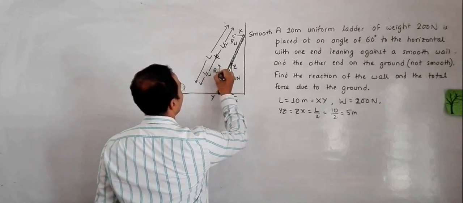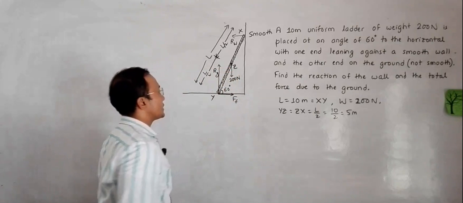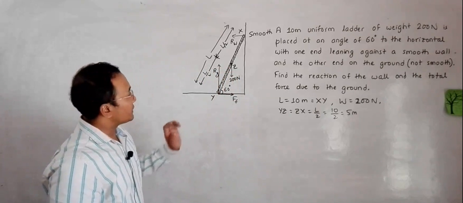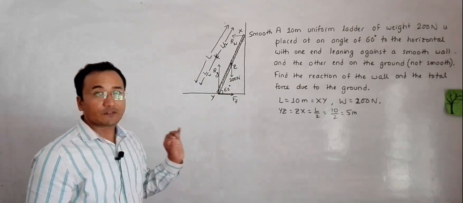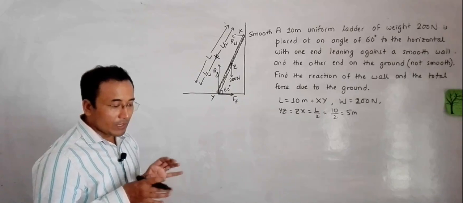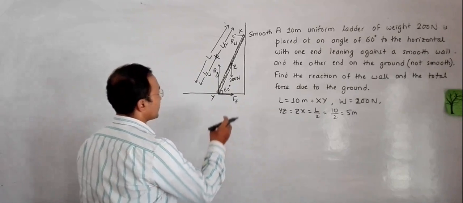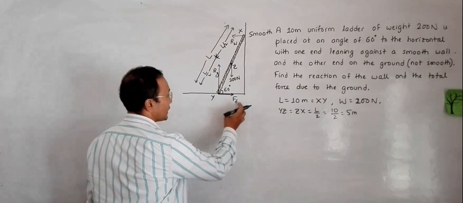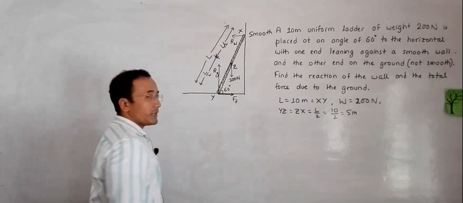Let's name it as RG, then the frictional force, and then we'll have the resultant force given by the action of this and this in a combined manner.